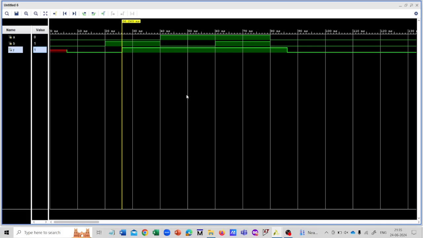It was around 5.1 or so in the post synthesis phase. Now you can see that post implementation, since the details of the interconnects are now more clear, the propagation delay has increased to 6.263 nanoseconds.